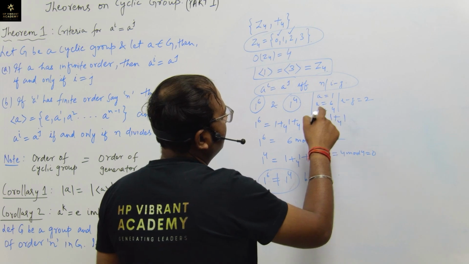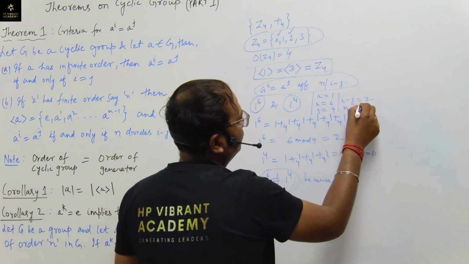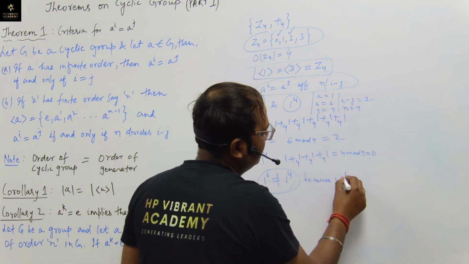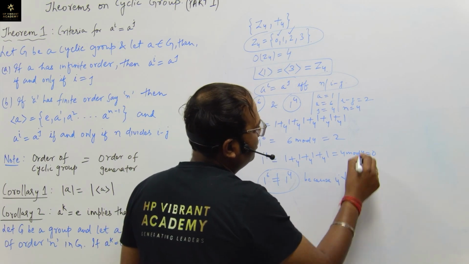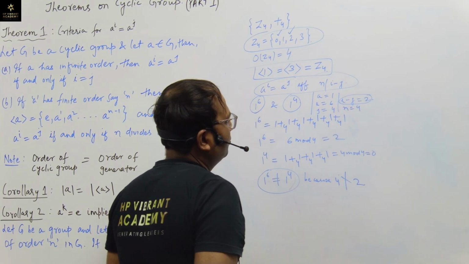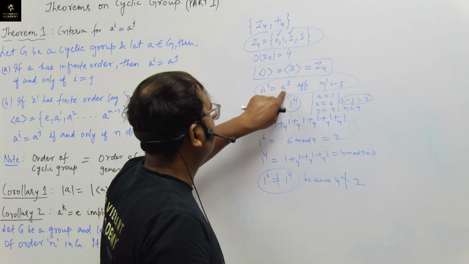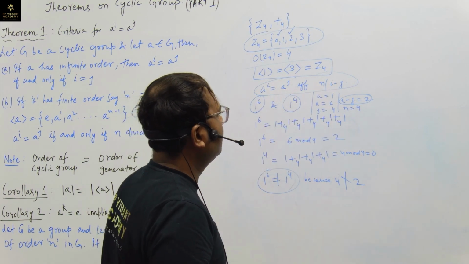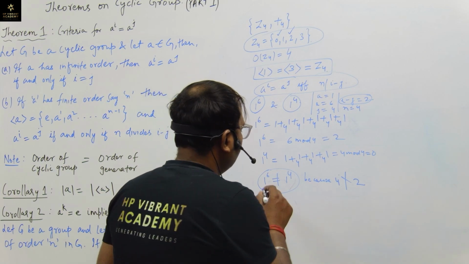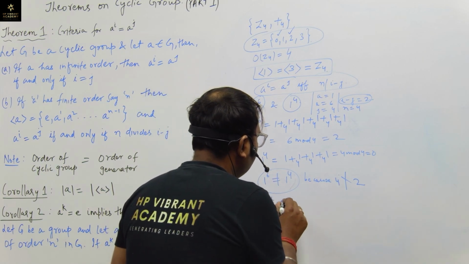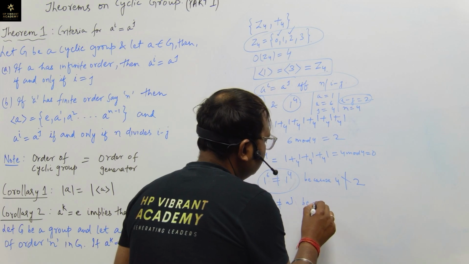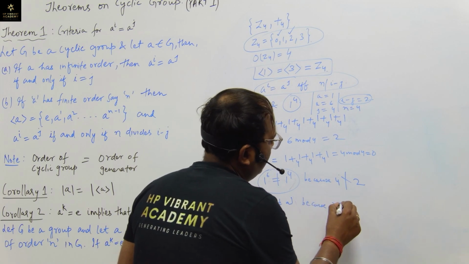Here n is equal to 4, so 4 does not divide i minus j, which is 2. So based on the expression, a to the power i is not equal to a to the power j, because n does not divide i minus j here.